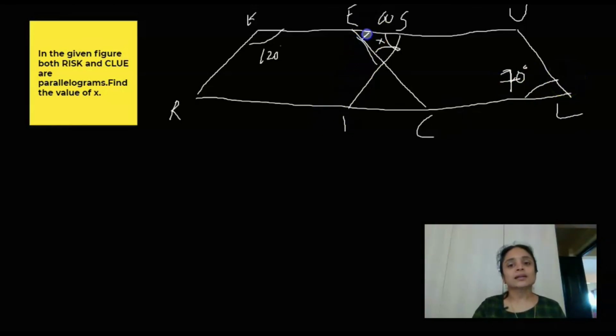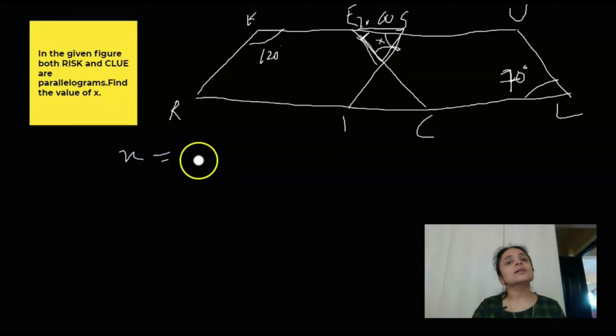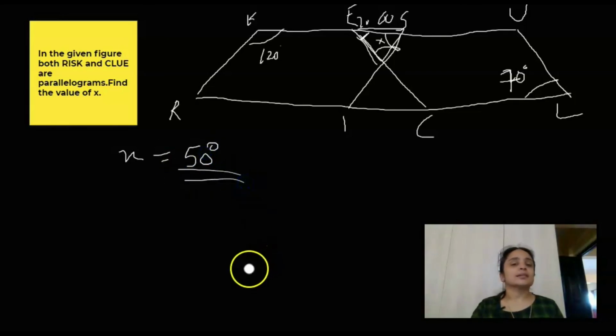So this angle will also be equal to 70 degrees because in a parallelogram opposite angles are equal. So this is 60 and this is 70, and this is a triangle. In a triangle the sum of angles is equal to 180 degrees. So x is equal to 180 minus (70 plus 60), that is 180 minus 130, which is equal to 50. So x equal to 50 degrees is the answer.